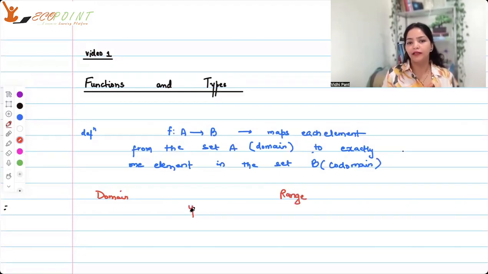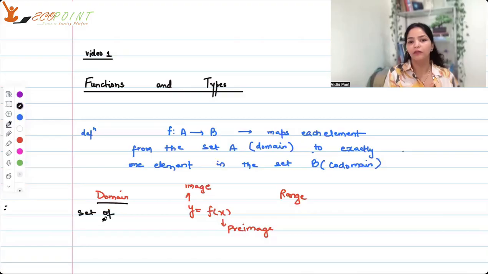In order to understand, the notation is y equals f(x), within which y is called the image. Image of what? Image of x. x is called the pre-image. So what is domain? Domain is the set of pre-images.